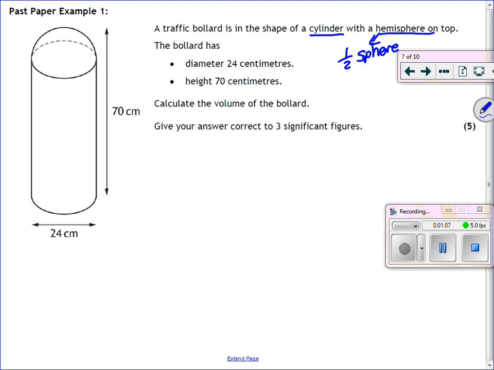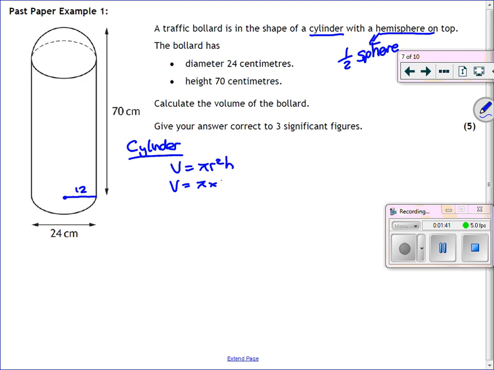So we take this in stages. Let's first of all calculate the volume of the cylinder. So let's make it clear that for this bit we are calculating the volume of the cylinder. That's one of the formulas we have to remember. Volume is equal to pi r squared h. If the diameter is 24, then the radius has to be 12.